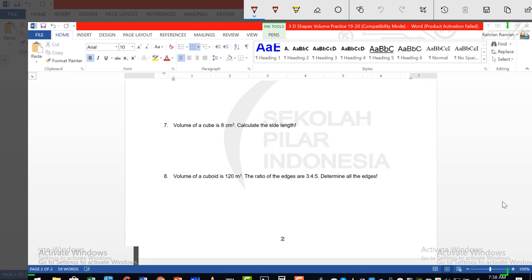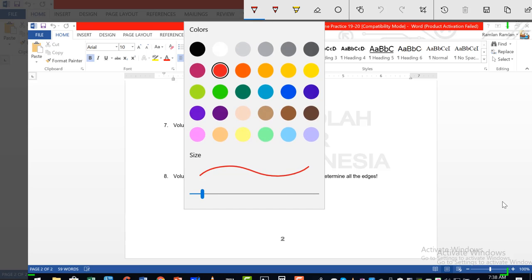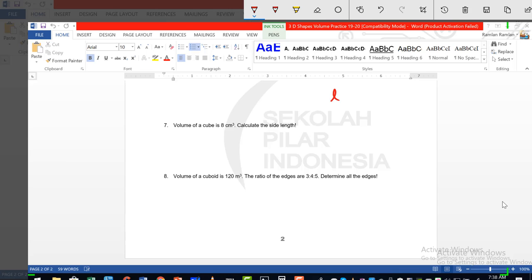Okay, number 8. The volume of a cuboid is 120 meters cubed. The ratio of the edges is 3 by 4 by 5. Determine all the edges. So let's assume that the length, the width, and the height use this ratio. So let's say it's 3 times something, 4 times something, and 5 times something.